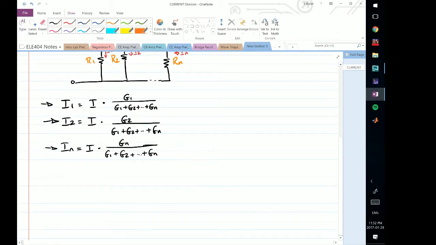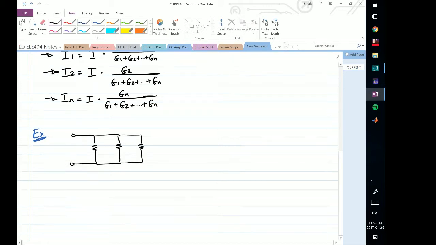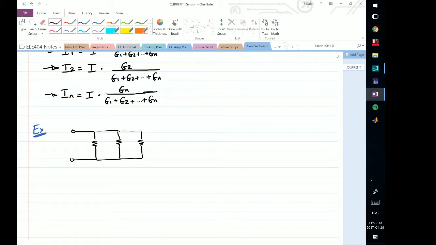So now let's take a look at an example, a very simple example again. So we will see here, let's say I have a simple parallel circuit with 3 elements in parallel. And I'm going to define these resistors in terms of their conductances. Let's say I have 1 millisiemens here, 2 millisiemens here, and 3 millisiemens here. And let's say I have a total current of 2 milliamps flowing in, and I want to know I1, I2, and I3.